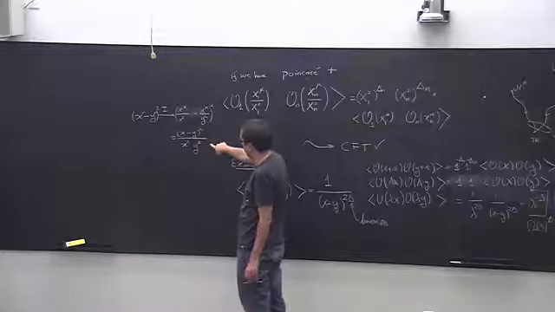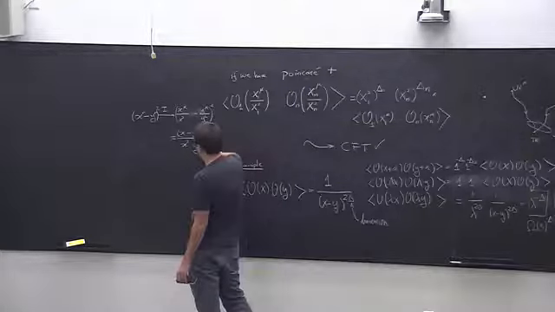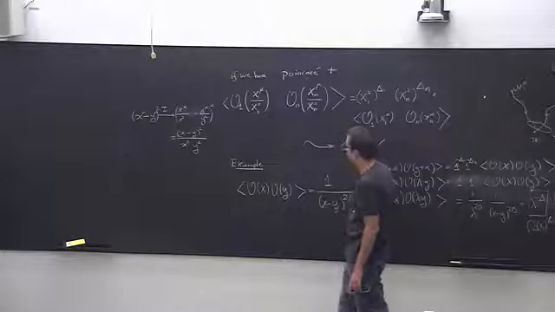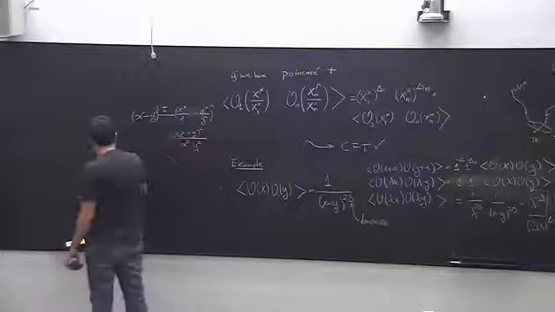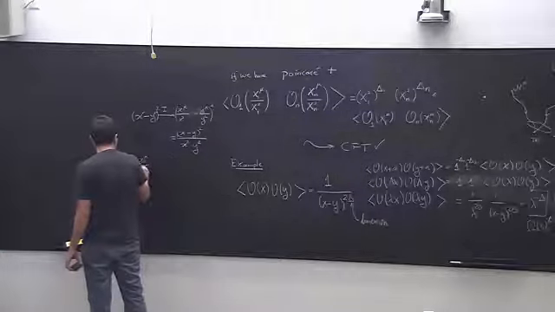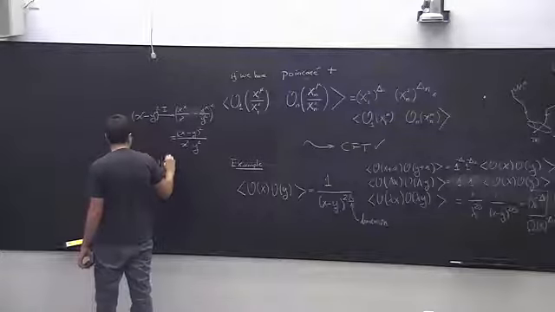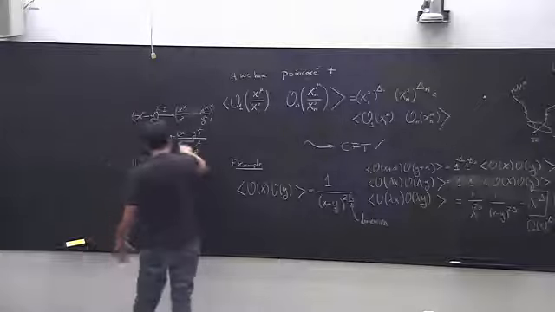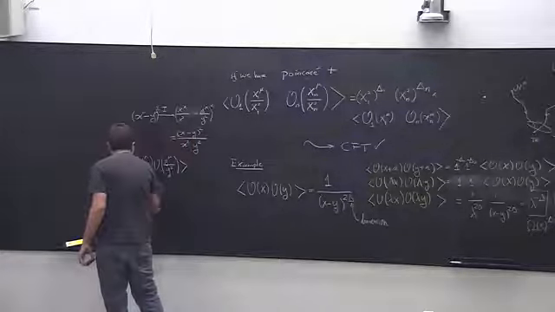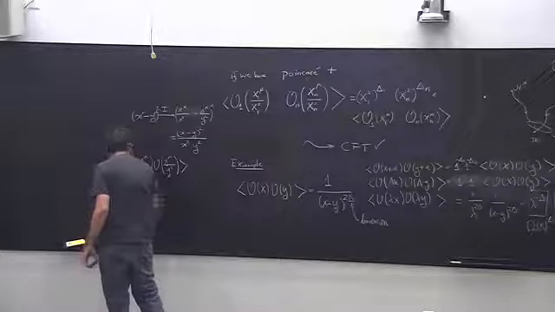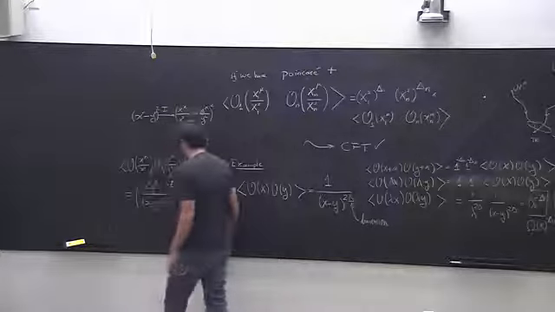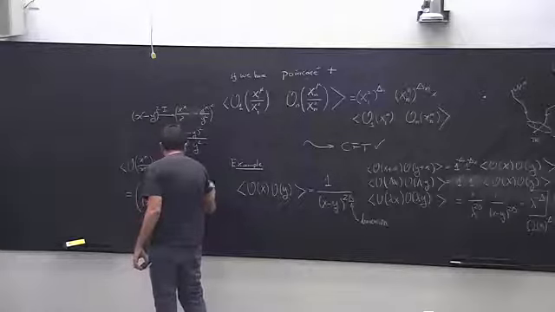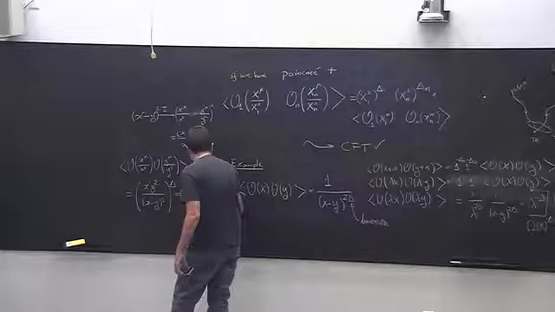So what you check easily, therefore, is that your correlation function, x minus y squared to the power delta, under inversion, so the correlation function at your point x mu over x squared, at y mu over y squared, is equal to, you replace it by this, so you have x squared y squared divided by x minus y squared, everything to the power delta, which is nothing but x squared to the power delta, y squared to the power delta, times the original correlation function at x and y.